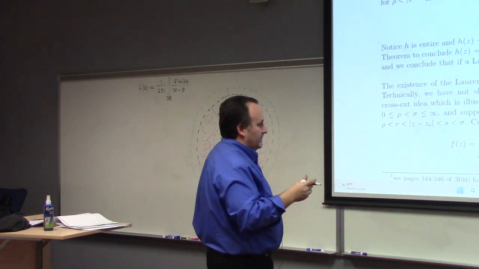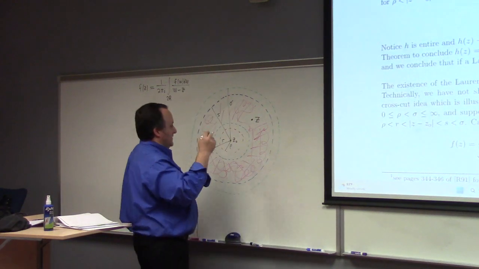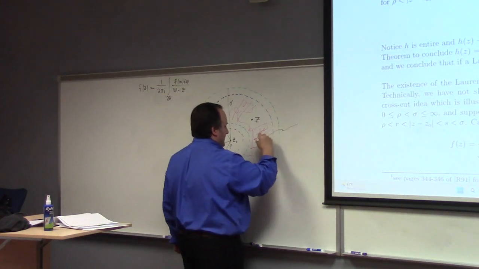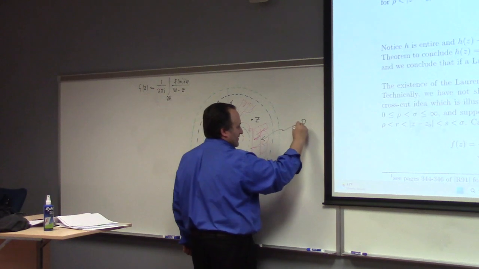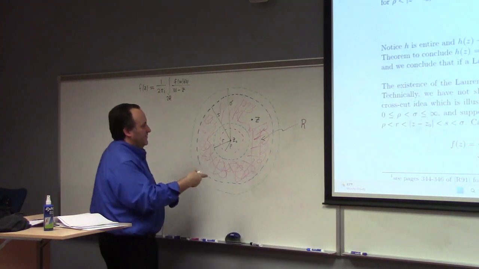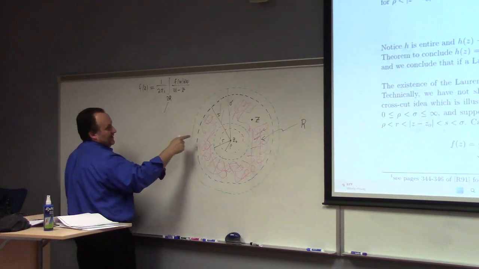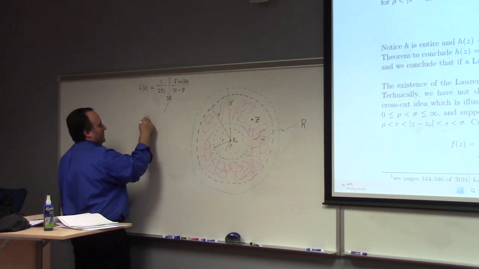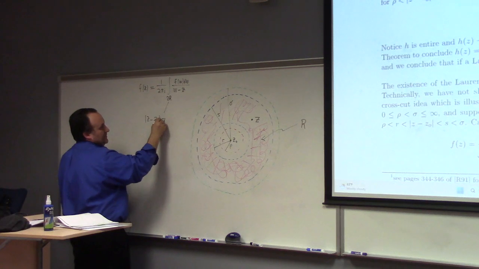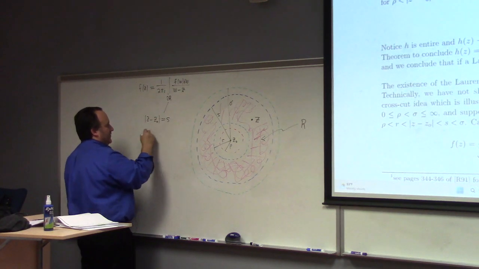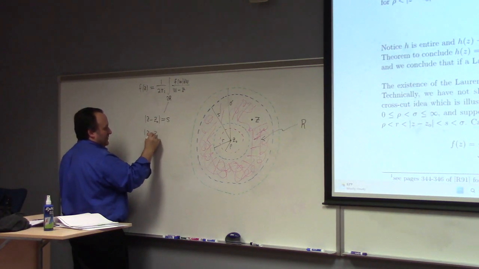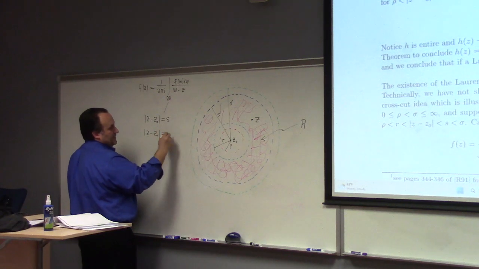But for this horribly hatched region, what is the boundary? The boundary is given by the modulus of z minus z naught equals S, or the modulus of z minus z naught equals R.